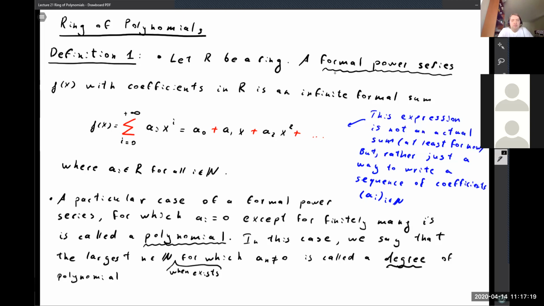Okay, so far this is just a convention to write sequences, right? No more than that. So we defined a polynomial just as a formal power series, just as a sophisticated way of writing the sequence of coefficients.